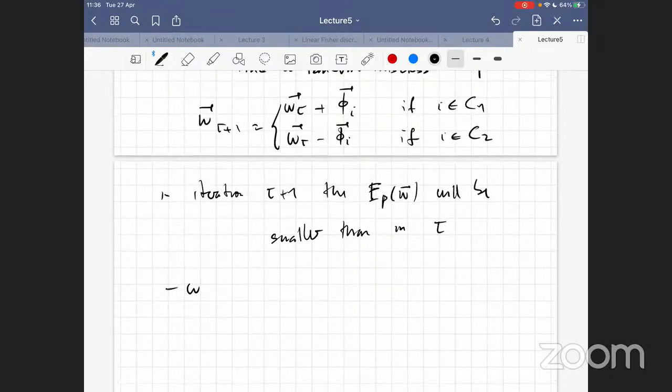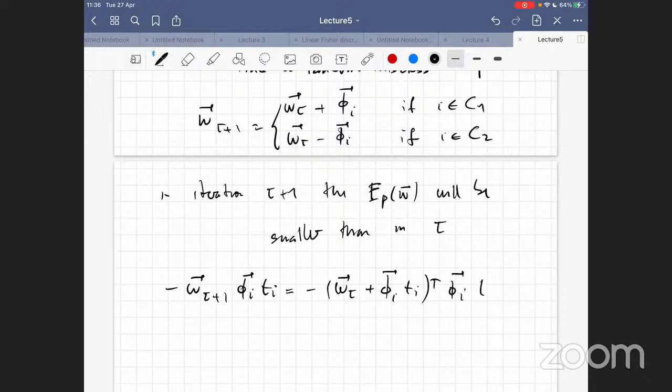It is because of the following. In iteration tau plus 1, I have this contribution to the cost function. So let me replace what this is. Let's say I have this t_n transpose times phi_n.